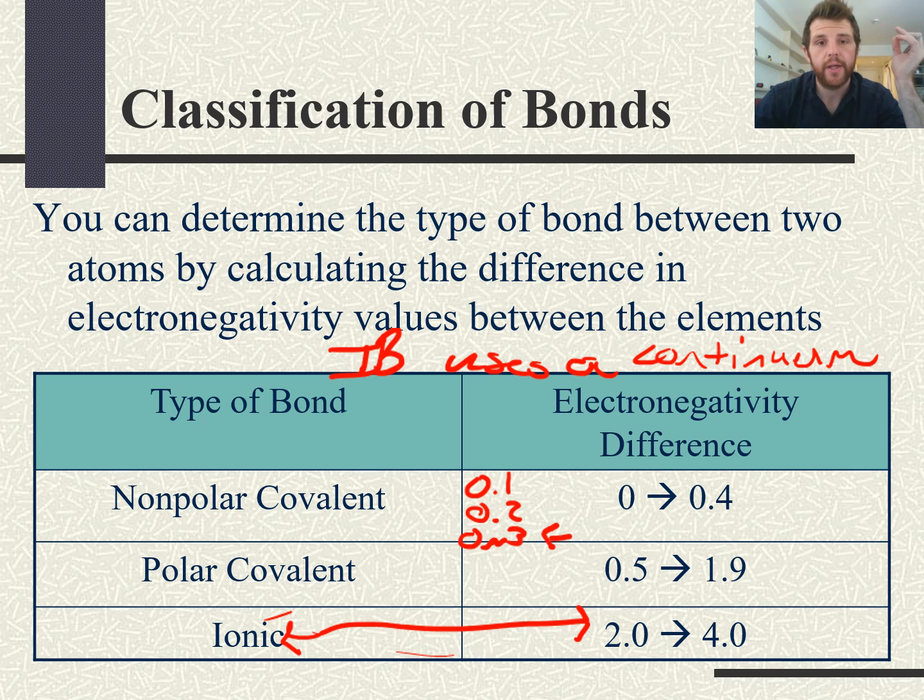So this is the table that I learned growing up. IB uses a continuum. Basically, it doesn't have these clear-cut borders, so it doesn't say, oh, from 0 to 0.4 is non-polar covalent.